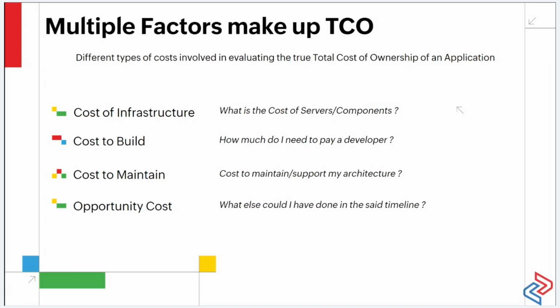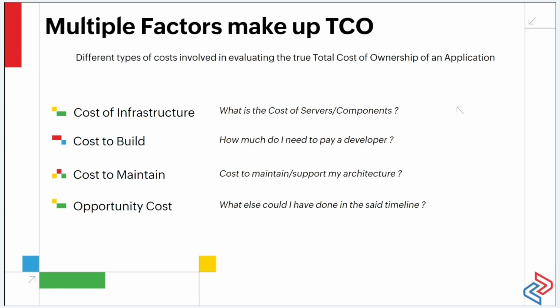And the fourth would be the opportunity cost. That's something which is often left out, but given that you would do the activities in 2 separate ways, there would be a time differential. What would you have done in that time differential that could add value to you?